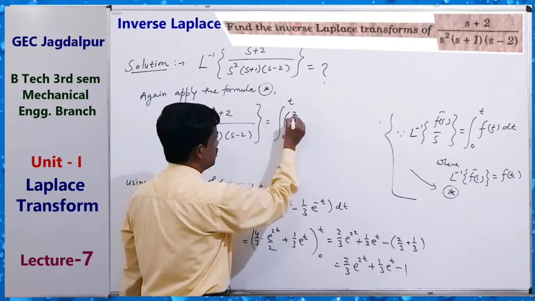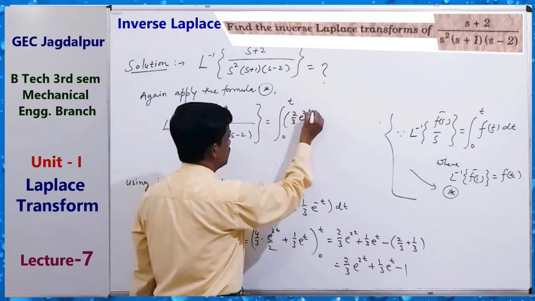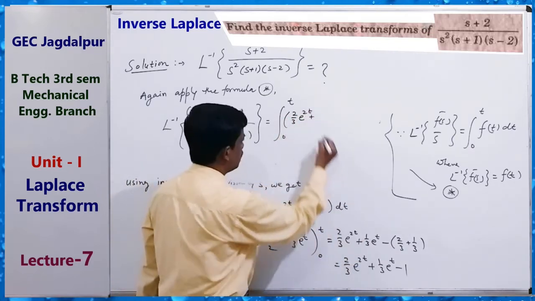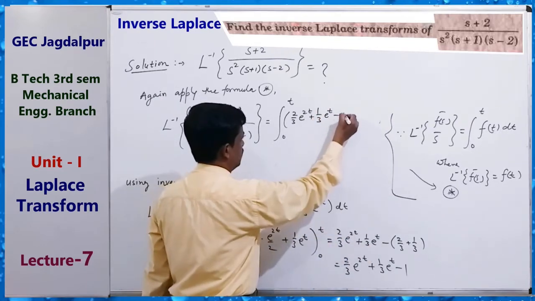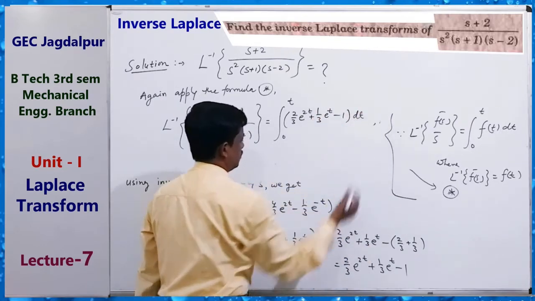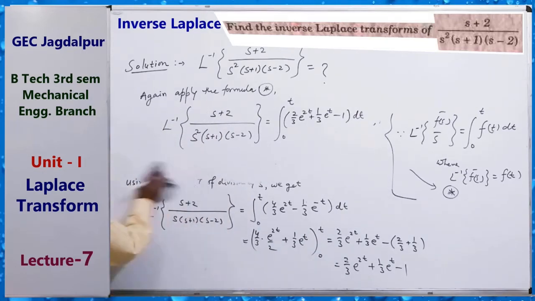So 2 by 3 e to the power 2t plus 1 by 3 e to the power t minus 1, dt. Now you can solve it.